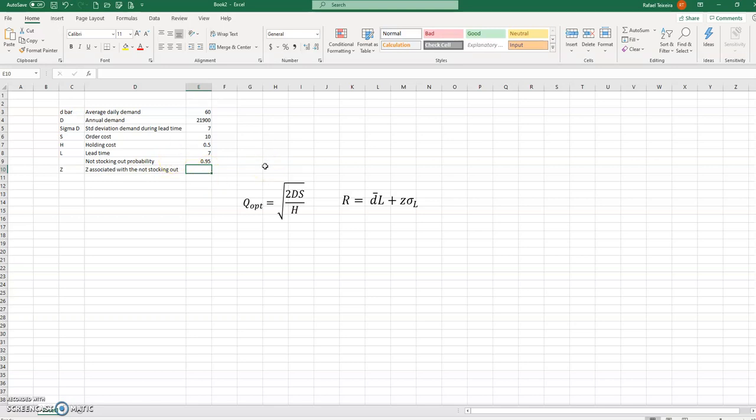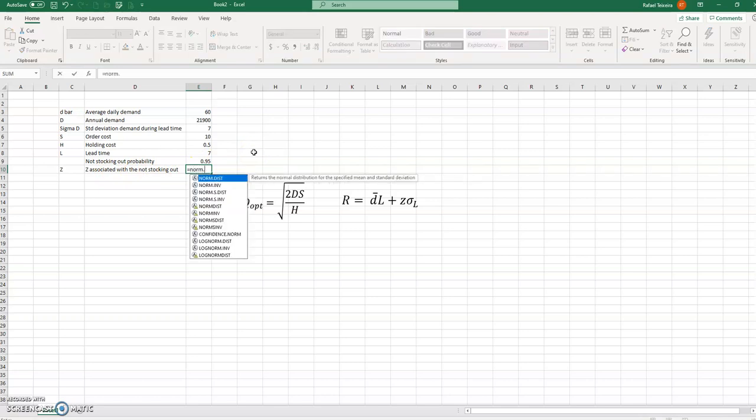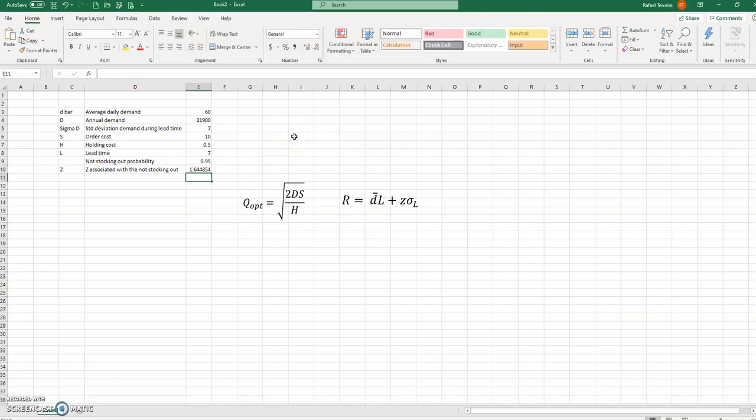To compute the z value associated with a given probability, you type equals NORM.S.INV, that's the formula, and then you open parentheses, and then you select the probability in the decimal format, and you press enter, and that's the z value associated with the probability of 95% not stocking out. Okay, so you have all the pieces of information you need. Here are the two formulas.